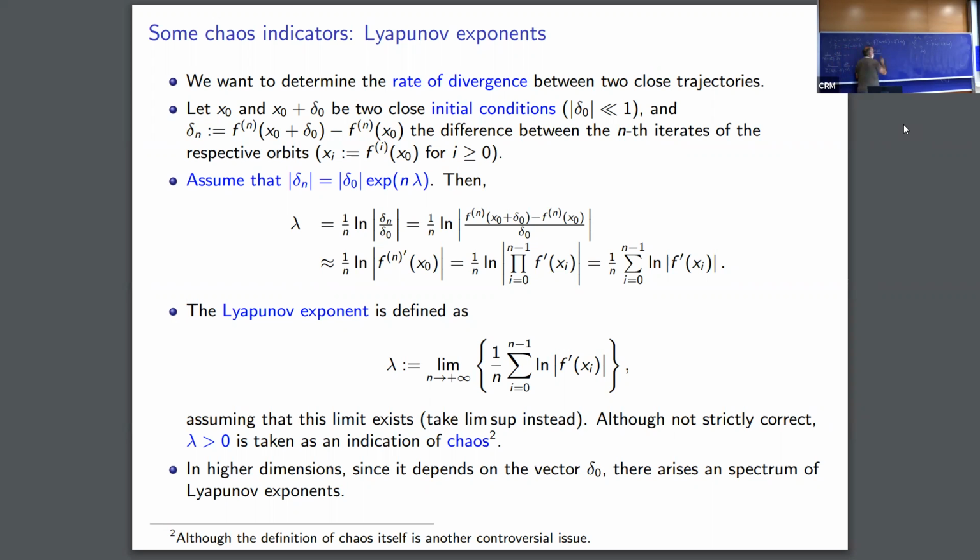If you think that this could be expansive or contractive, why not think that this delta n should behave like the first separation, that is delta naught, times something of this form, so exponentially. If lambda is positive, the separation between them goes exponentially fast.